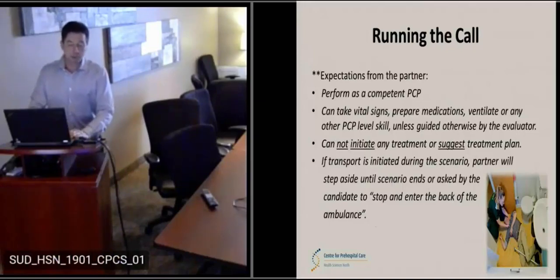Your PCP partner shouldn't initiate treatment without your direction, or they shouldn't suggest a treatment plan, again, without your suggestion. If you decide to initiate transport early in your scenario, your partner will leave the room until such time as you're going to ask them to stop the vehicle and assist you in the back of the ambulance.